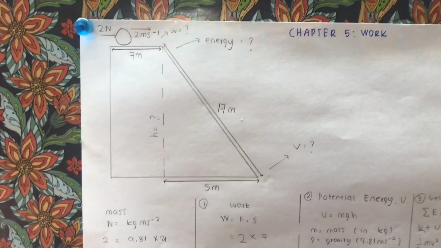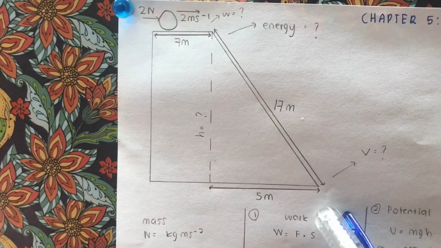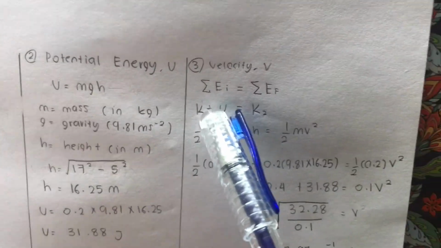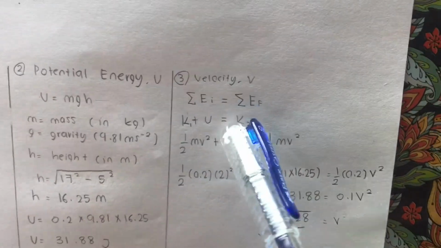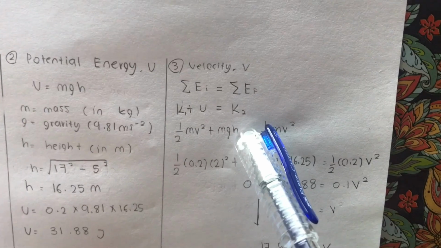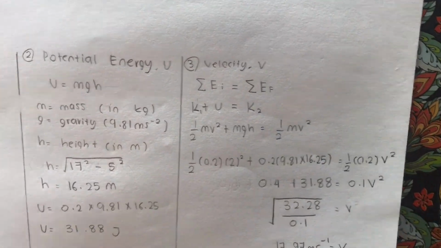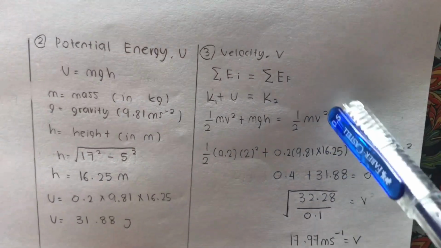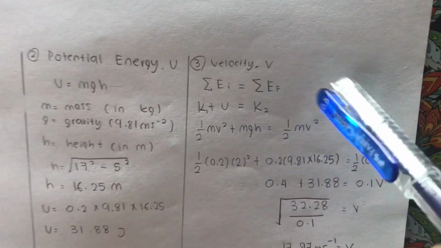Lastly, to find the velocity at the bottom, we must use this: total sum of initial energy equal to total sum of final energy.